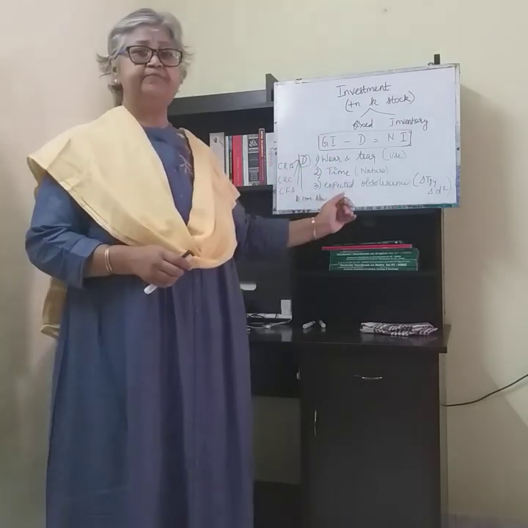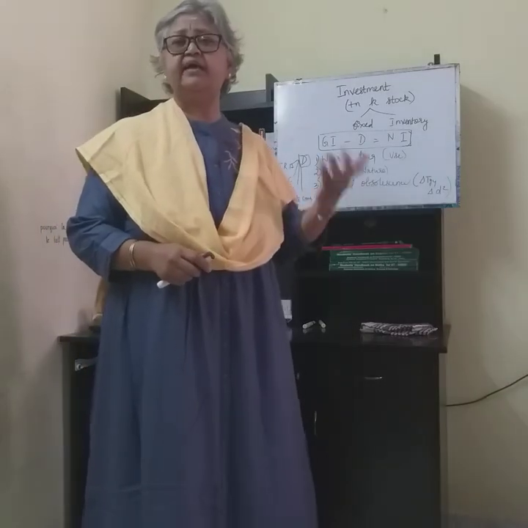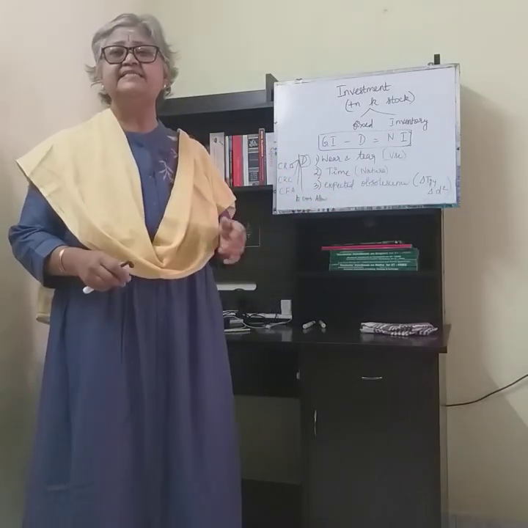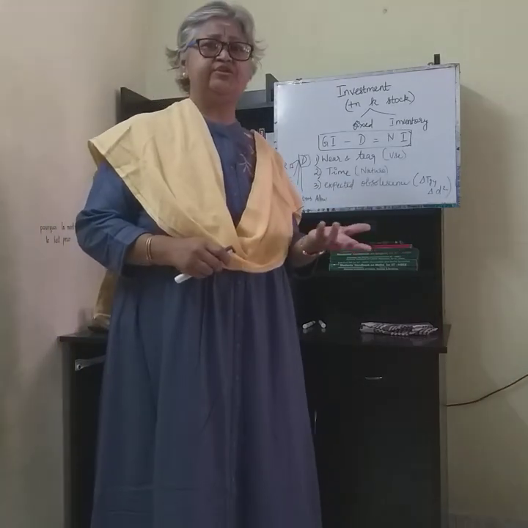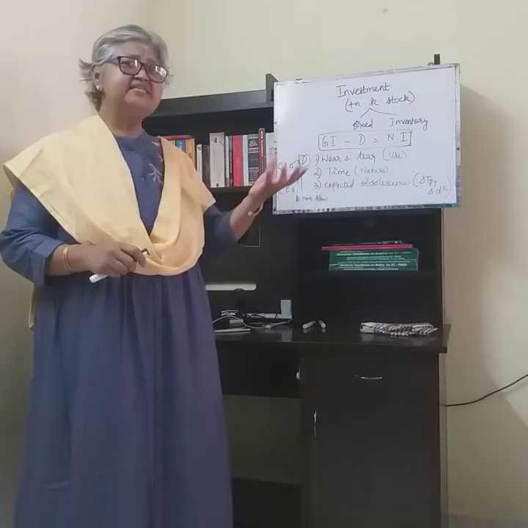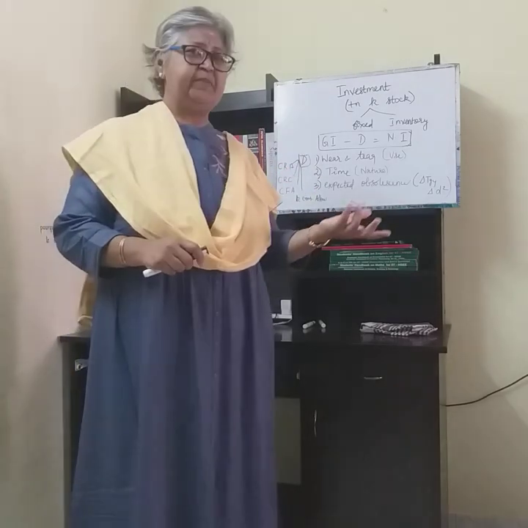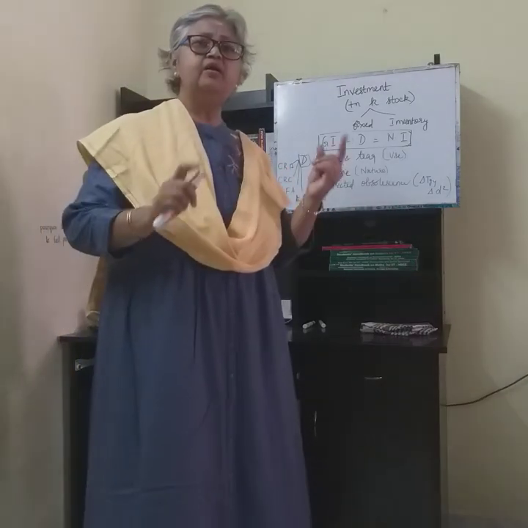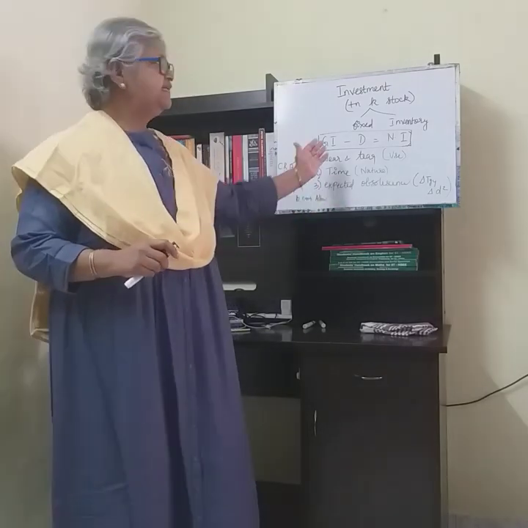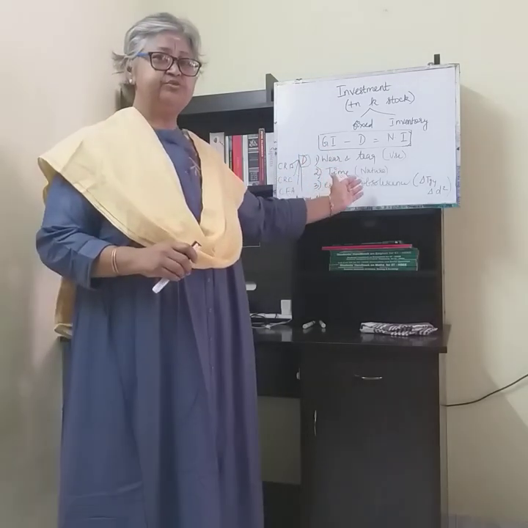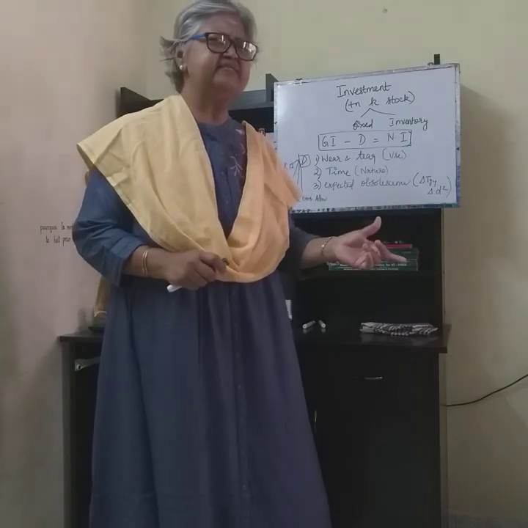Number three, in businesses when there are a lot of uncertainties, certain risks are expected. Certain losses thereby are expected. So the expected obsolescence is also depreciation. So what is this expected obsolescence?